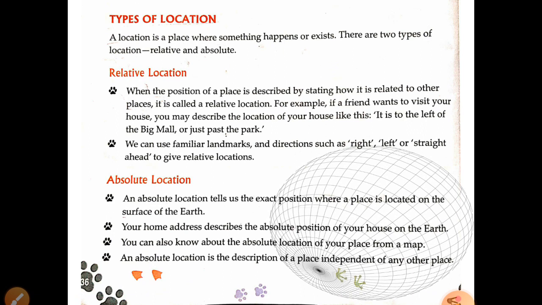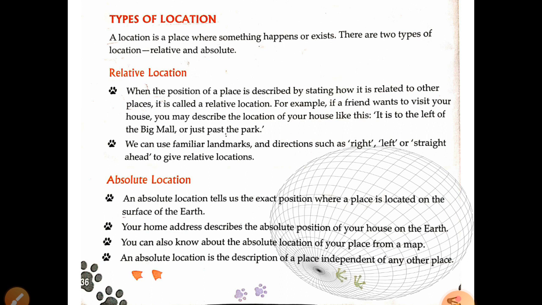For example, while relating my house with other places, like my house is nearby the school, or nearby the shopping mall, or nearby the hospital, or my house is left of the hospital, straight to the hospital or straight to the shopping mall.